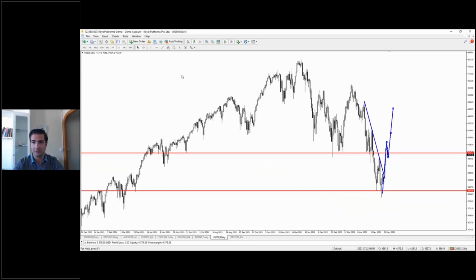Which target could be reasonable? I think, let me take this area, which is good in the coming days, or maybe this one for the short term. Okay, so 4,300 would be good maybe in the coming days or weeks. So this is a good area if the market moves to the upside.